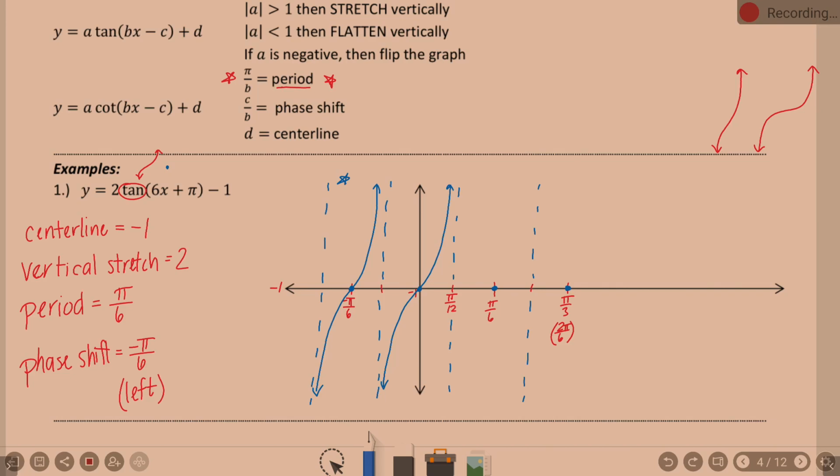But it's real easy to draw a third here because we already have it set up. So you can draw another increasing stretched tangent curve. Okay, guys, questions I should answer. There's similarities, right? But man, there's a lot of differences.